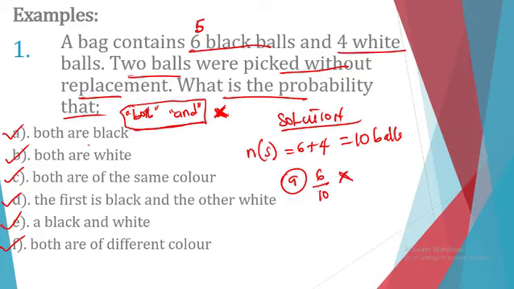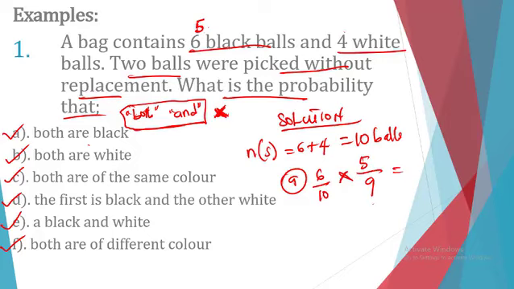So now it will be 5/9. When you reduce one number from the number of blacks, this is now 5. So 5 plus 4 will give us 9. Do we understand? So the first one is 6/10, and then the second one is 5/9, because there is no replacement.